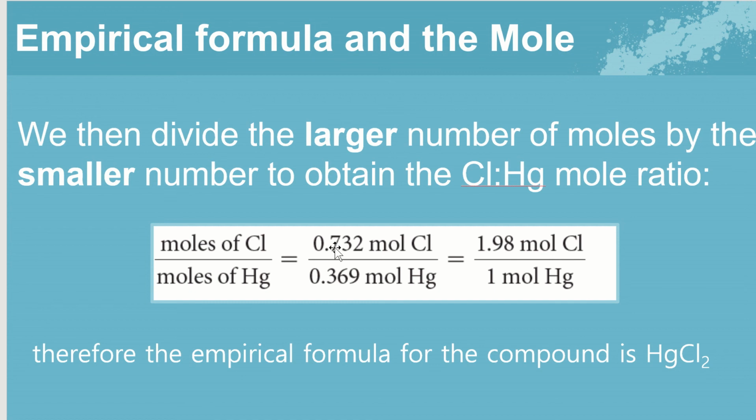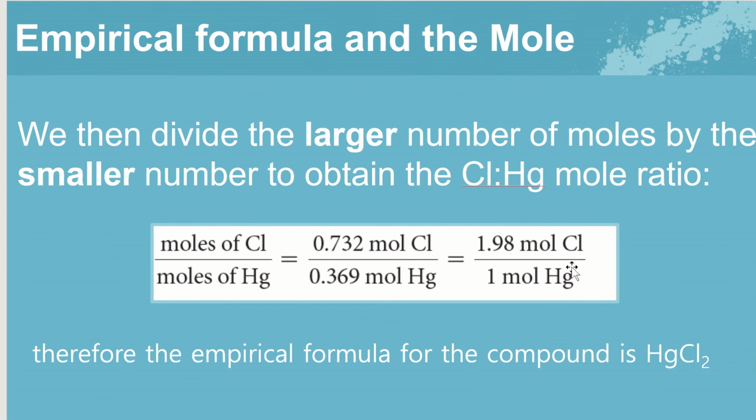So where the two numbers that we're looking at are 0.369 moles of mercury, and then the second number is 0.732. So the lower number is the 0.369. And if we divide through by the smaller number, we get a ratio of 1 to 2.